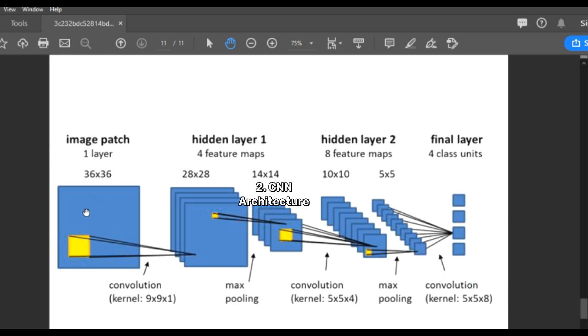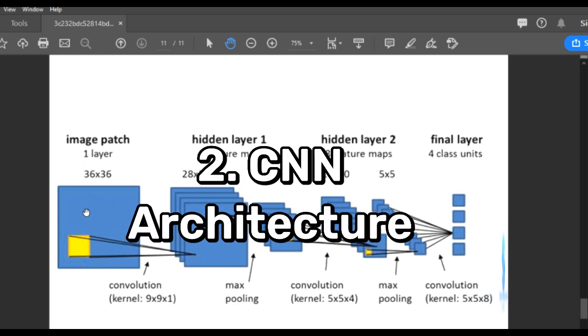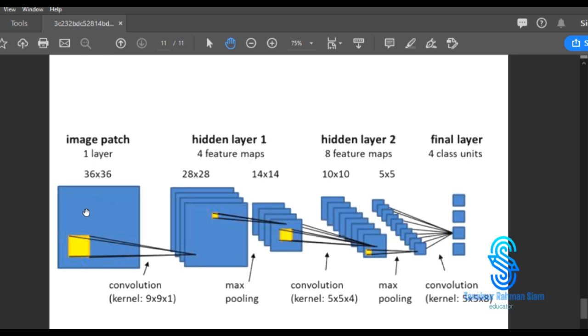The second step will be the CNN architecture, that is convolutional neural network architecture. You will design a convolutional neural network architecture tailored for image enhancement, using an encoder and decoder structure.